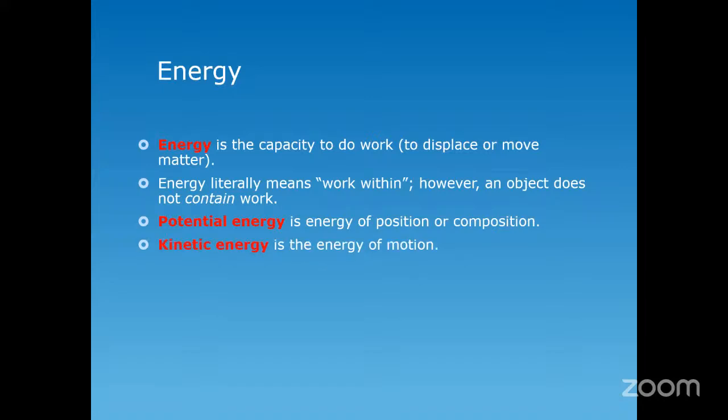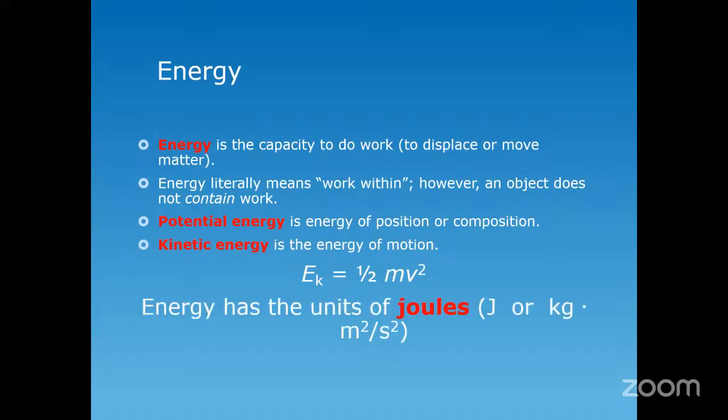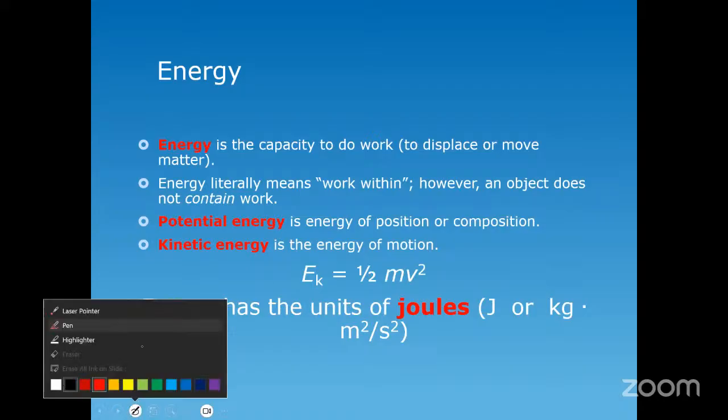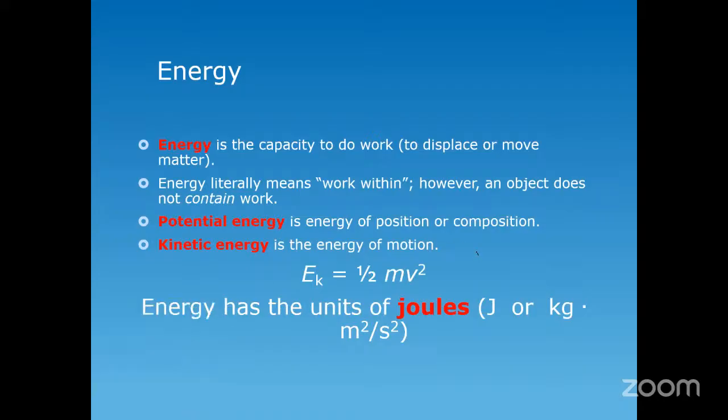All right. And there's a formula that we use to calculate the kinetic energy, which is given right here. It's half mv squared, where m would be in kilograms, and v, the velocity, would be in meters per second.